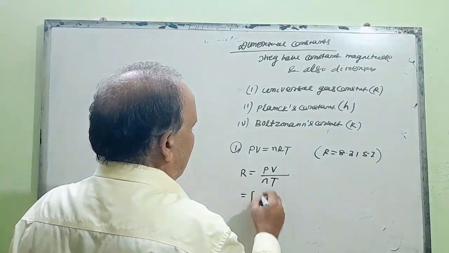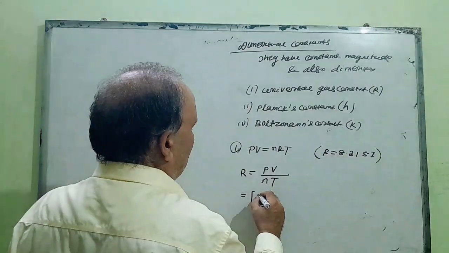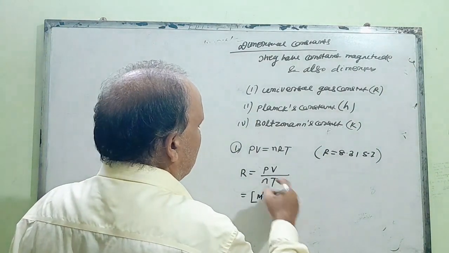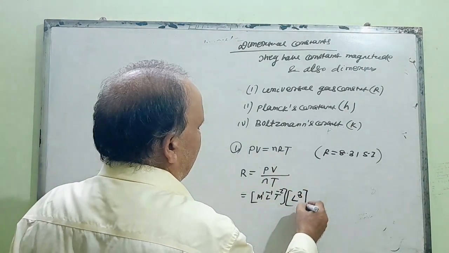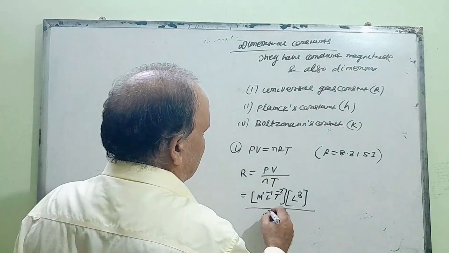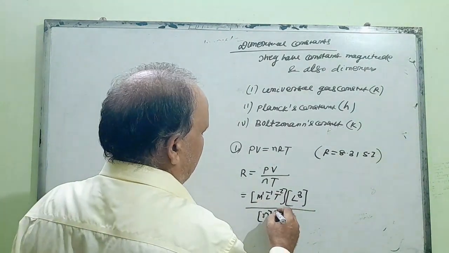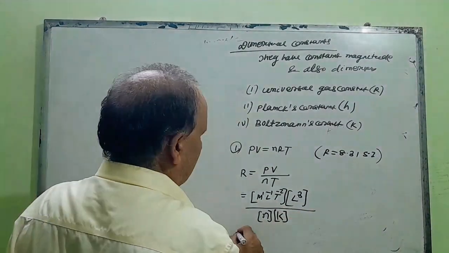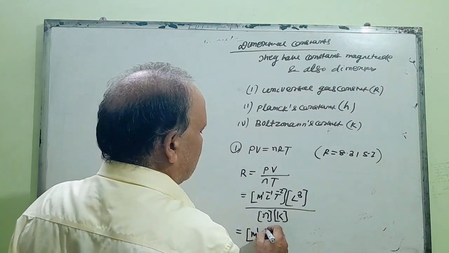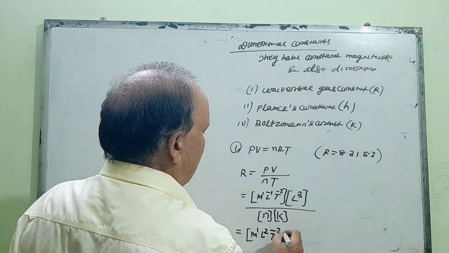What is the dimensional formula of pressure? I have already told you: M L to the power minus 1 T to the power minus 2. V is volume, that is L cubed. Number of moles you write n, and the temperature is also a fundamental physical quantity, that is K. That gives M L square T to the power minus 2.